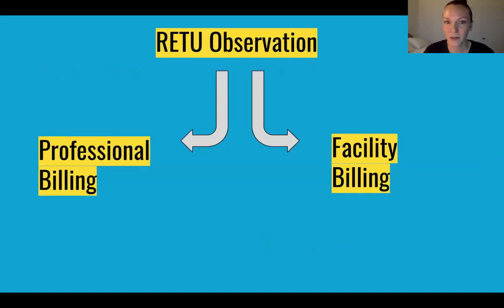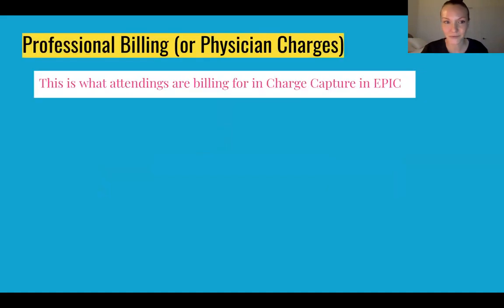But when the hospital submits a bill, and to be fair, honestly, I did not know any of this before I became an attending, when the hospital submits a bill to insurance, they are submitting a facility bill, which is what the hospital is getting paid for everything, and then a professional bill, which is what the physician bills. The hospital is getting both payments, but they are separate bills that are submitted.